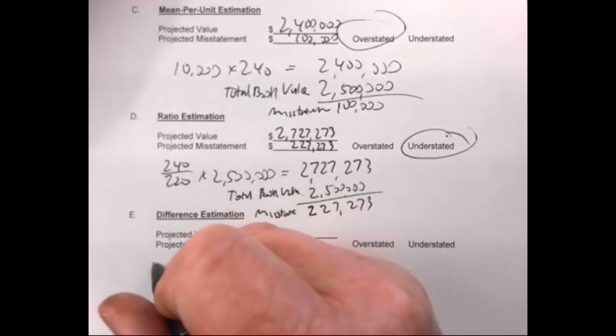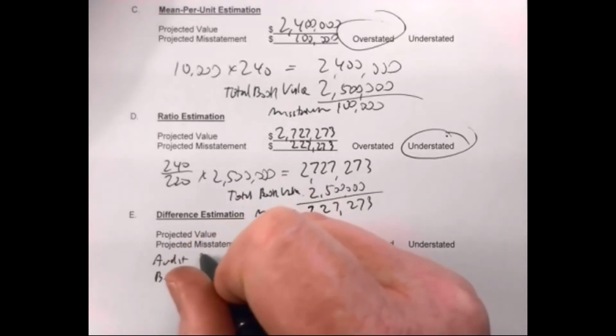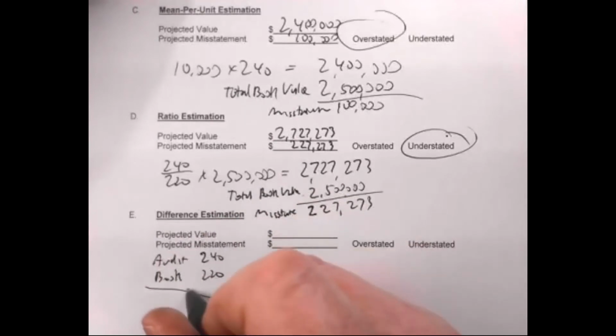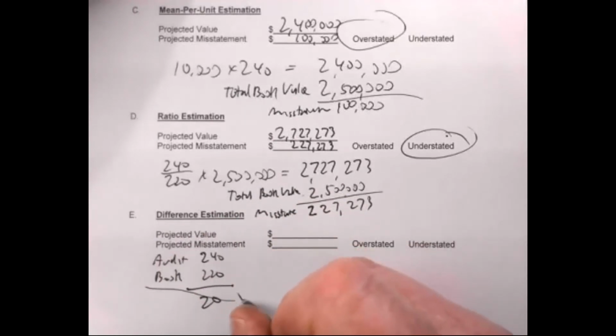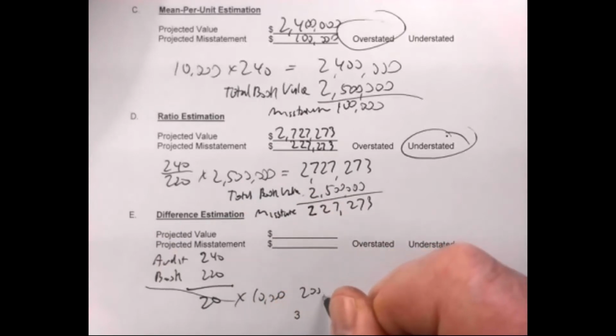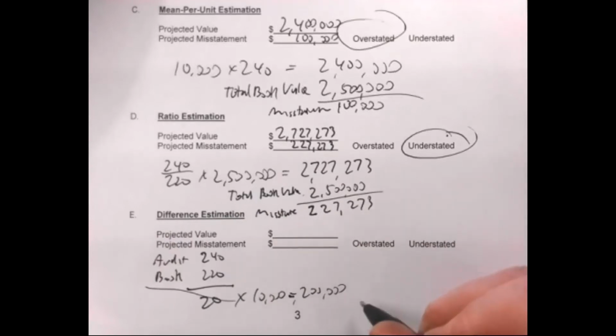Difference estimation is just the difference. This one's a little bit strange in that you get the misstatement first.